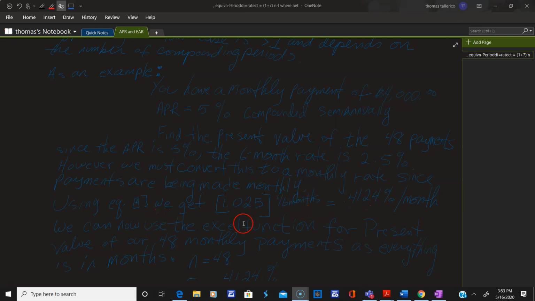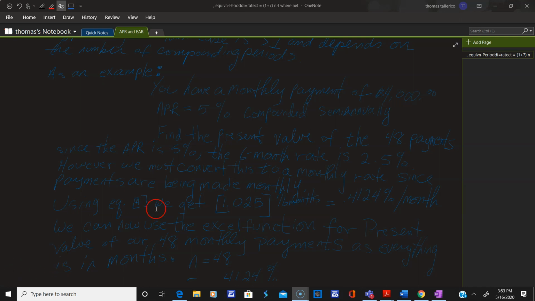So we can now use the function built into Microsoft Excel. I don't know if you're familiar with it. It's called PV for present value, and we can find out how much we're paying, the present value of these 48 $4,000 a month payments, right? So everything is in months, right?